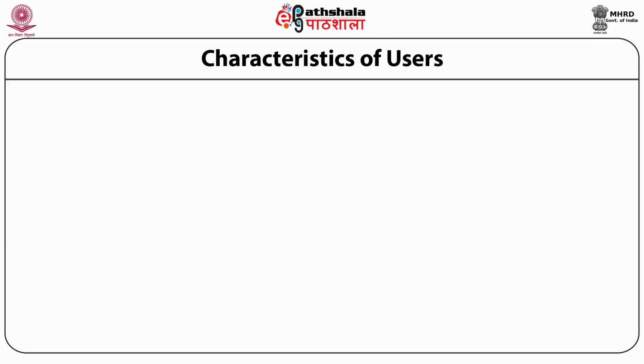Since user is the central focus of libraries and all the library's activities, processes, programs, etc., they revolve around the users. As library professionals, we should know about their characteristics. These characteristics include age.